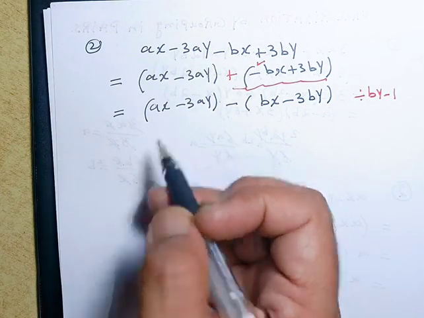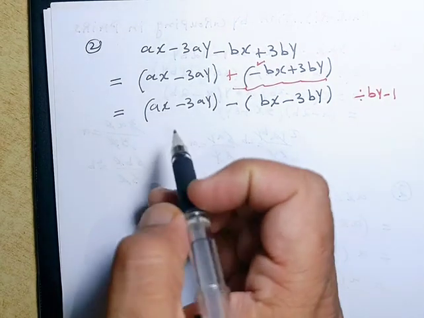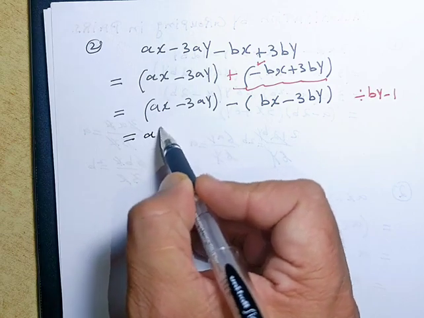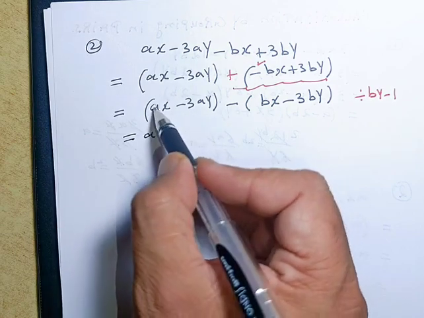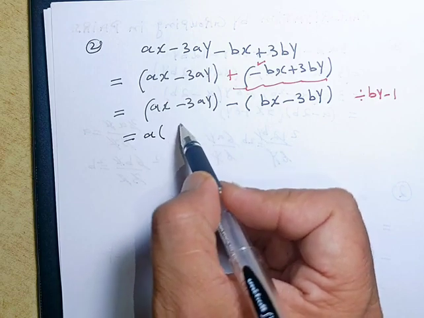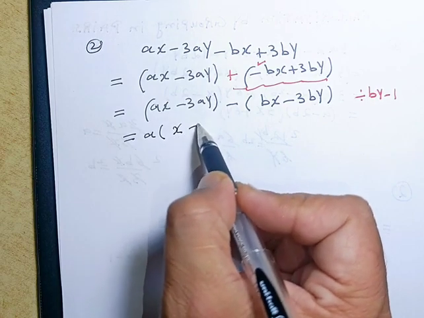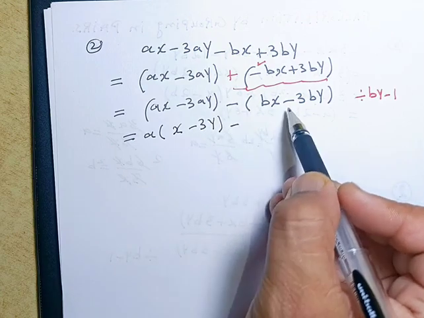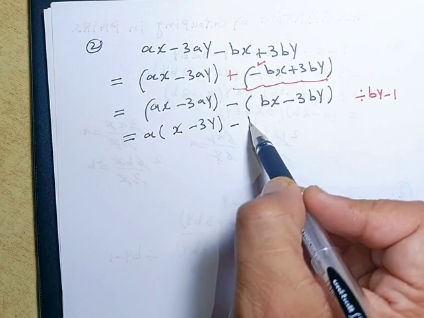Now, factorize each term. So a is common here. What is left inside now? x - 3y. And now here, negative b is common.